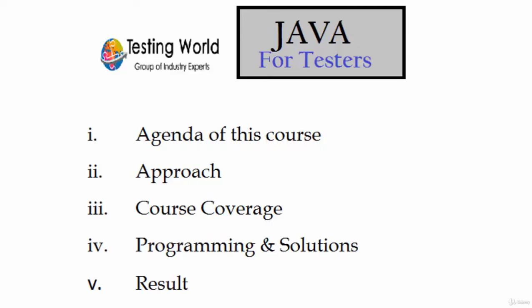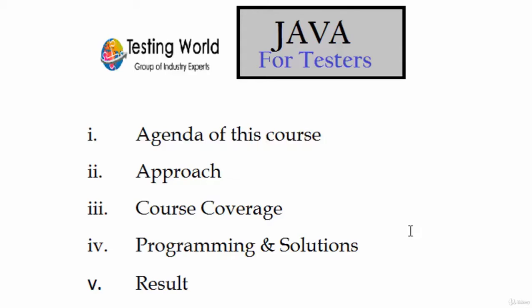This is the first lecture of this course, and here we are going to understand a few important things about it. First of all, what's the agenda of this course? We are designing this course only for software testers. As a tester, I'm going to learn Java for automation, so our agenda would be completely different from software developers.